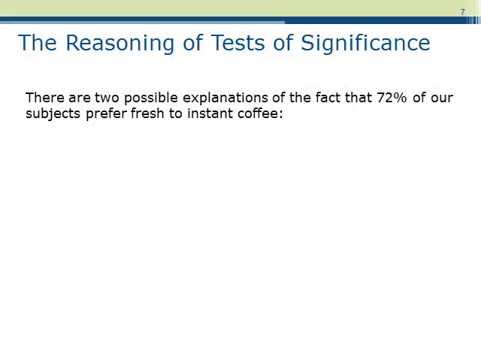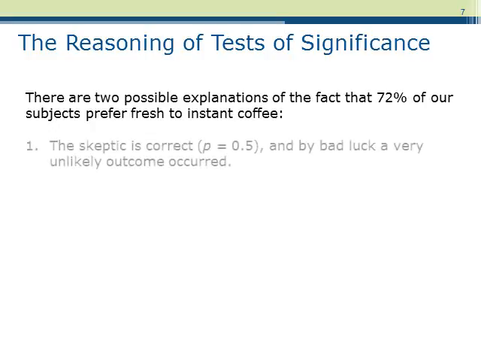There are two possible explanations of the fact that 72% of our subjects prefer fresh to instant coffee. The first is that the skeptic is actually correct, and p is equal to 0.5, and by bad luck, we observed a very unlikely outcome.